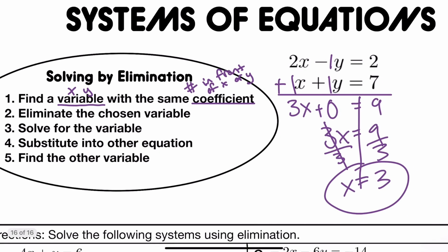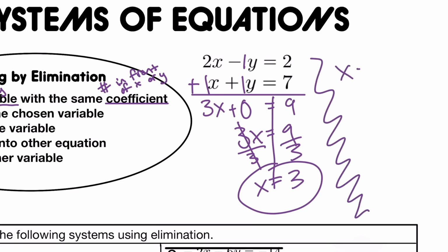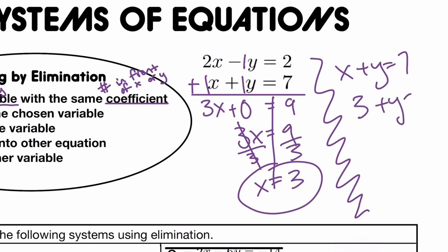I'm going to take that. I am going to give myself a little bit of space here and rewrite. So we have x plus y equals 7. Now, like I said, just with substitution, we're going to take this and put it in for this x here. So we should have a 3 plus y equals 7.